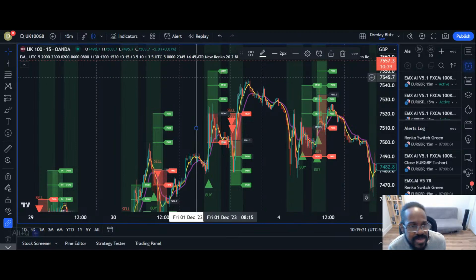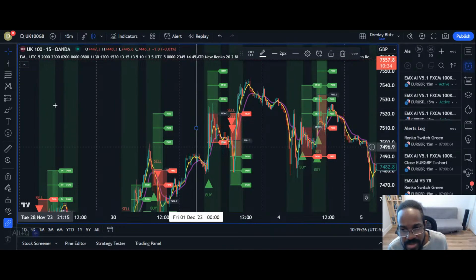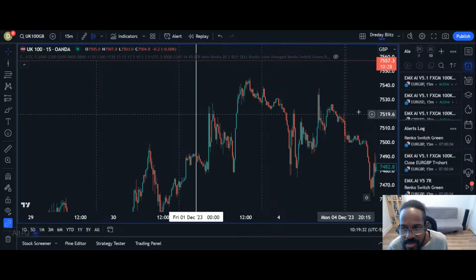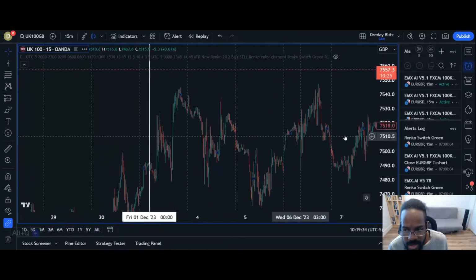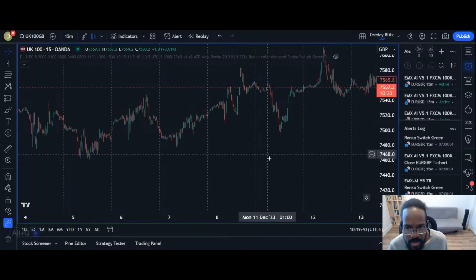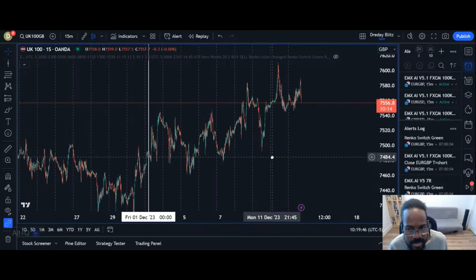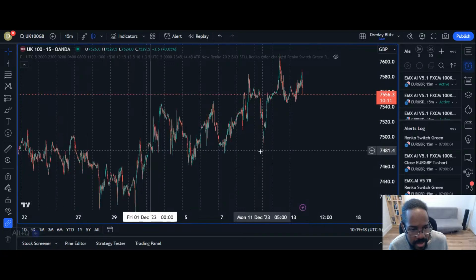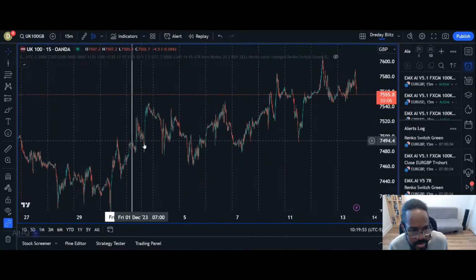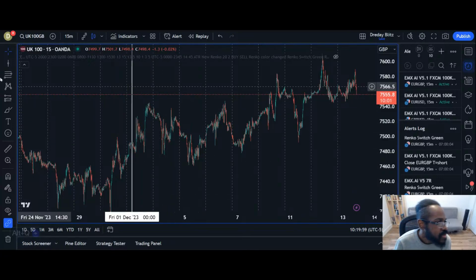And we're just looking at the price action, right? So it started to consolidate and then broke out of this range.